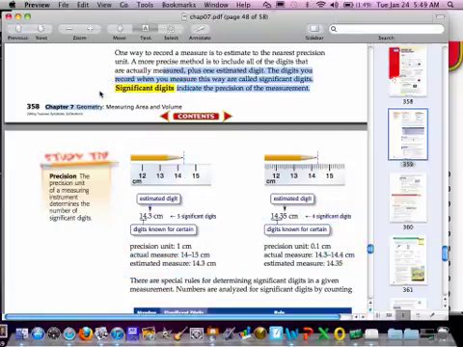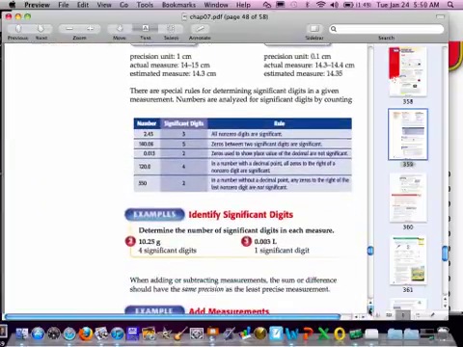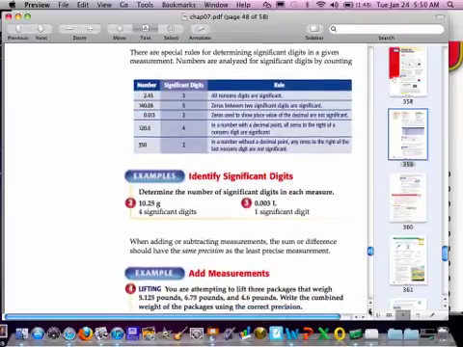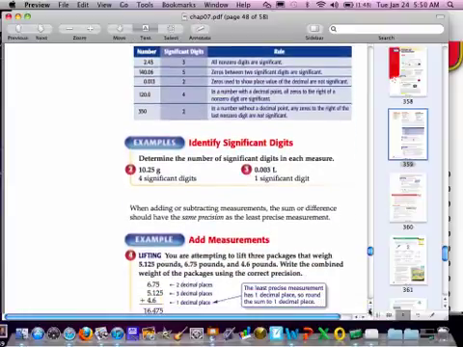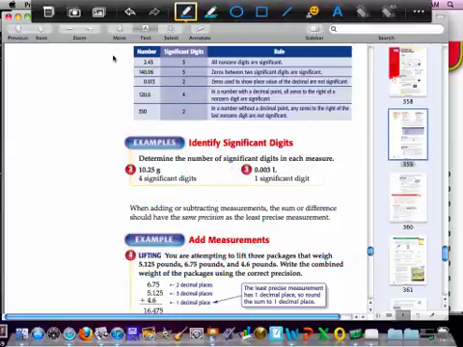Now let's say that somebody has already estimated these or done this measurement for you, and you want to figure out the number of significant digits that are there. There are several rules here for finding significant digits. There's one rule for all of the numbers from 1 to 9, and that rule says that any digit 1 through 9, anything that's not a 0, is significant.